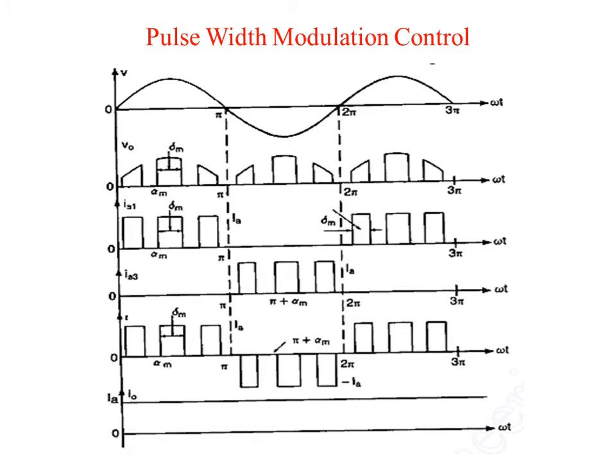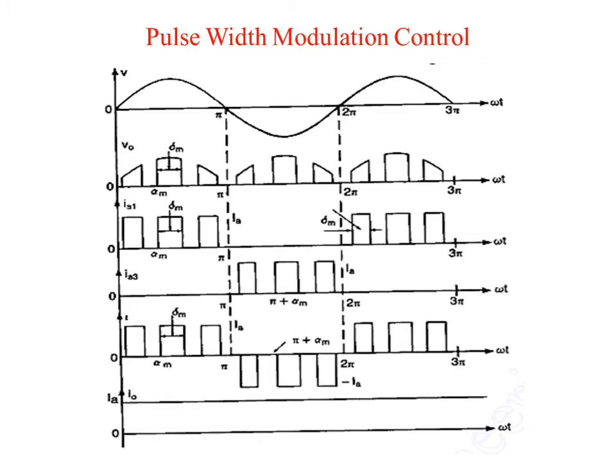So the lower order harmonics, which is the third harmonic, cannot be eliminated very easily. Thus, we want to generate many pulses at a time, and it can be done with the help of pulse width modulation control. The figure shows the input voltage, output voltage, and input current waveforms.